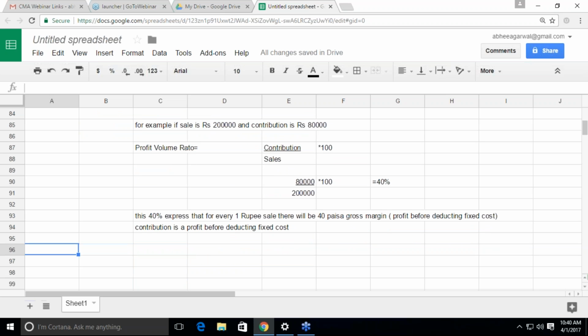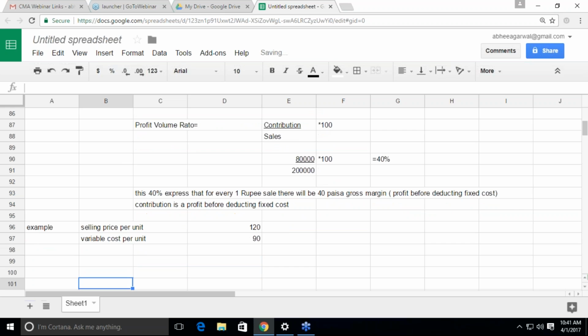Okay, to understand this, let's take an example. Selling price per unit, let's say 120 rupees. Variable cost per unit 90 rupees.